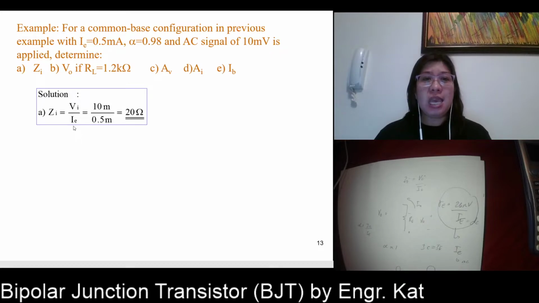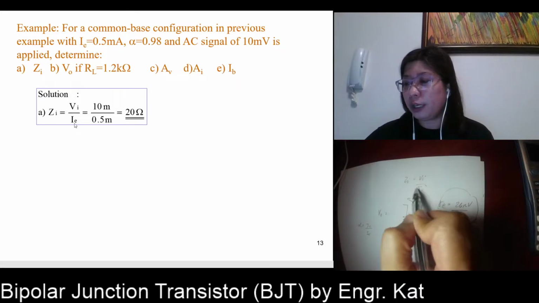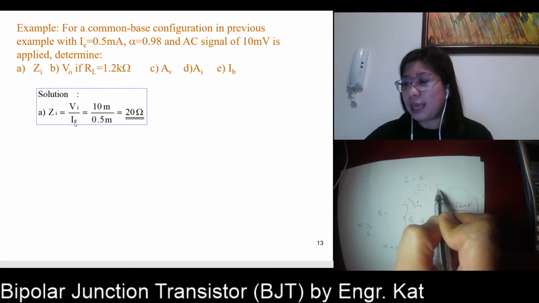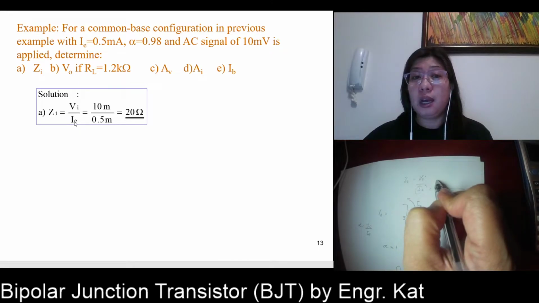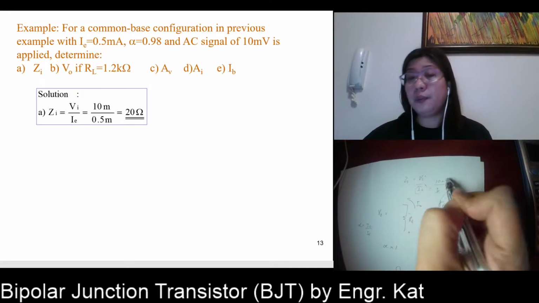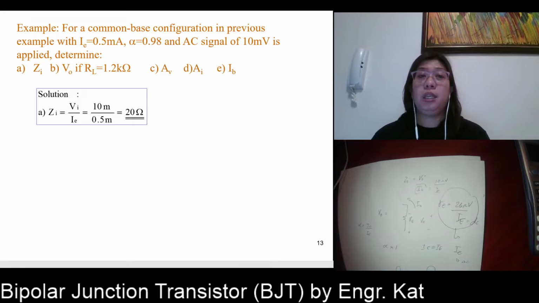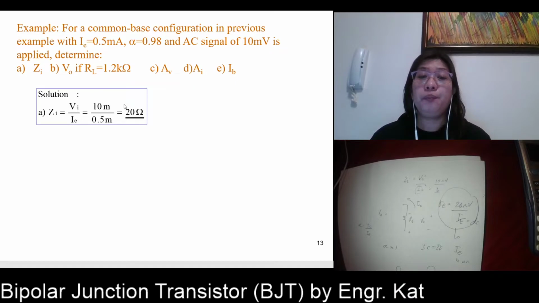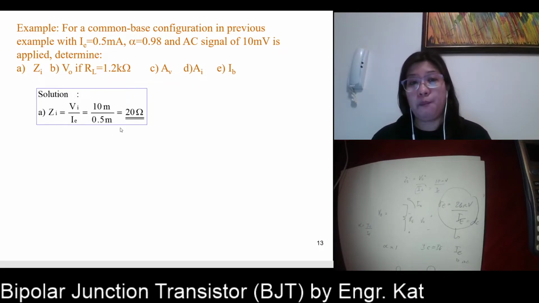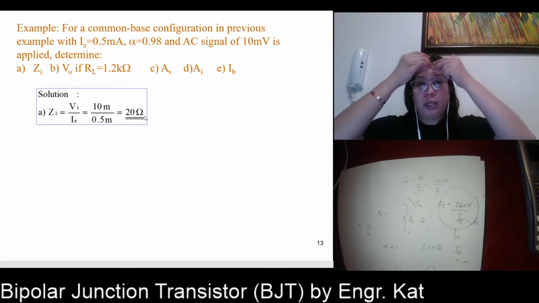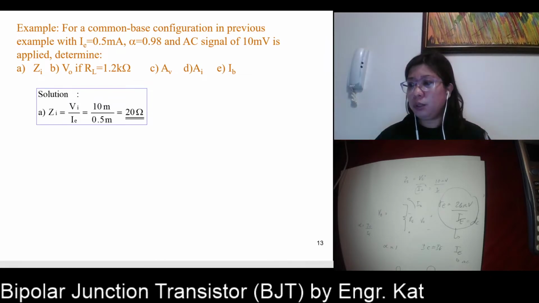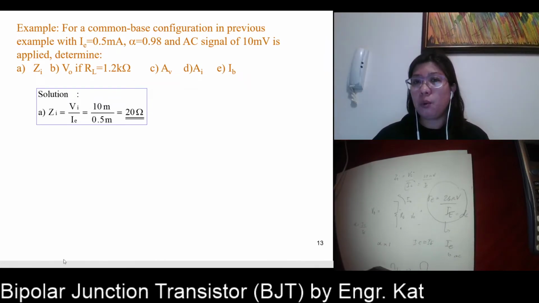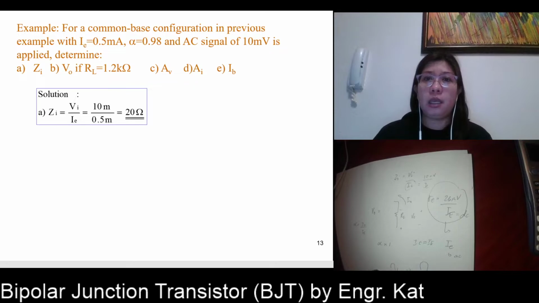What is your input current? Your input current is IE and your input voltage is 10 millivolts, the AC signal which is applied. So we have 10 millivolts divided by 0.5 milliamperes, so your ZI here is 20 ohms. We will not be using the 26 millivolts here, because that is for DC and the given current is AC. So we will just be using this ZI formula.